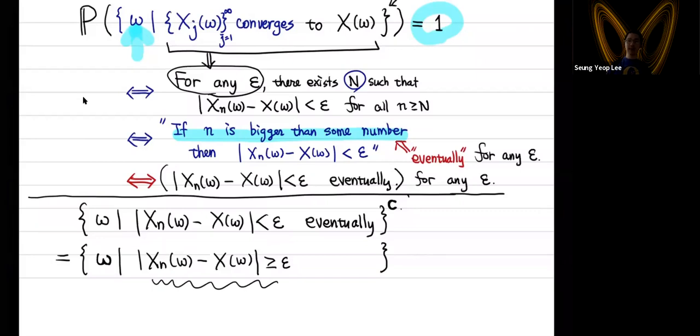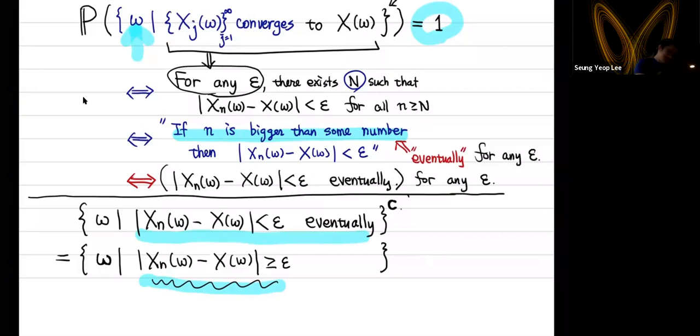If it happens at 1,000, then sometimes at 2,000 it should happen again. Maybe after a billion, it should happen once more. So this thing has to keep happening infinitely many times. It doesn't happen all the time, but it has to happen infinitely many times so that this doesn't happen.